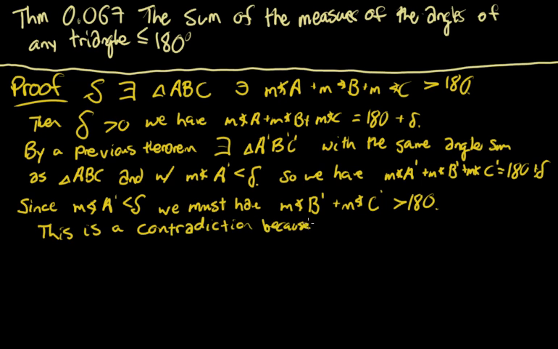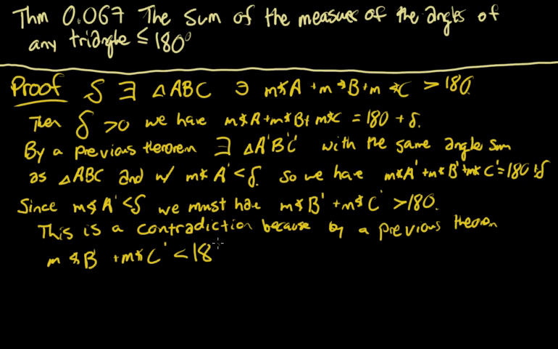Because by a previous theorem, measure of angle B prime plus measure of angle C prime is less than 180. It could be very close to 180, like 179, but it has to be less than, it can't be equal to.